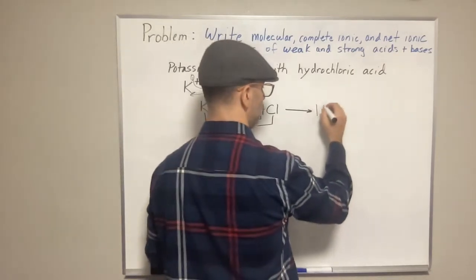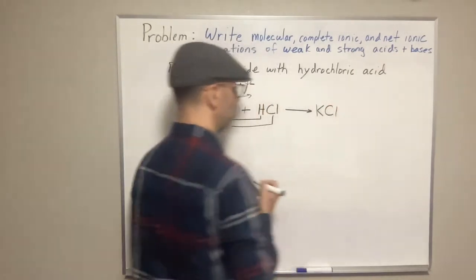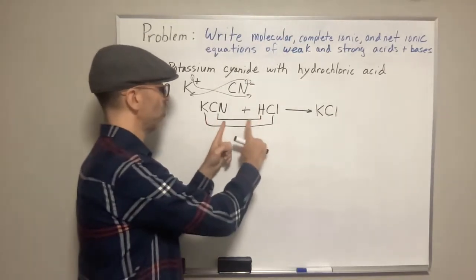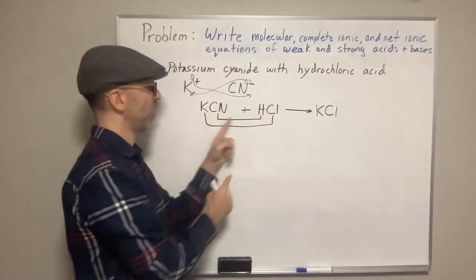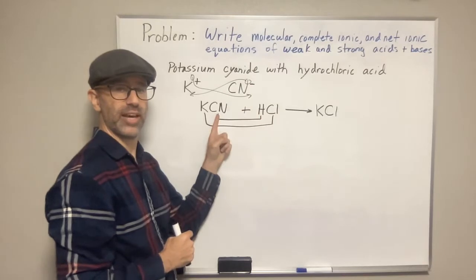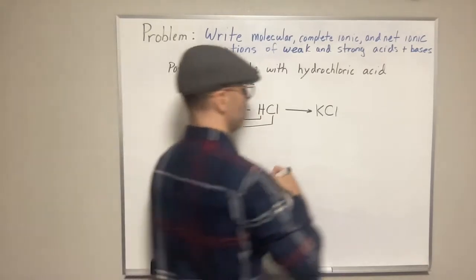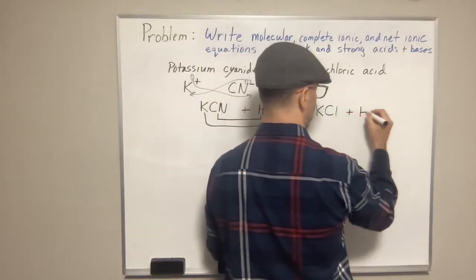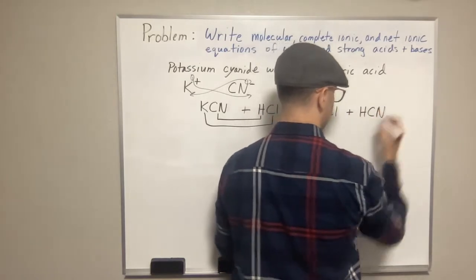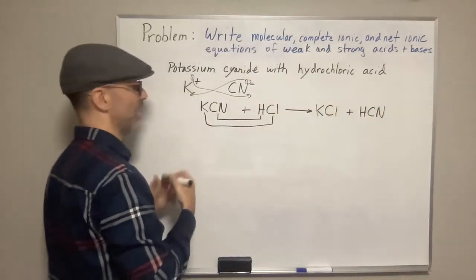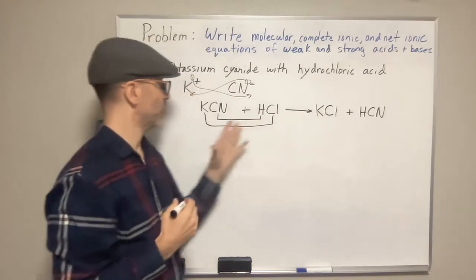So I need one each, KCl. And then for the inner ones, I'm going to have H and CN. H is a +1, CN is a -1. So again, it's going to be 1-to-1. HCN. And now I have my completed reaction.